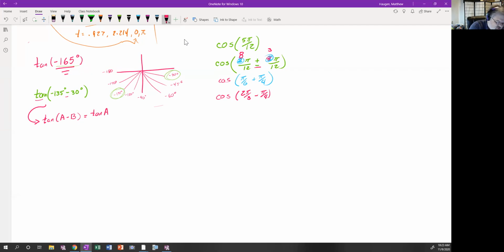I'm not expecting you guys to have these memorized, certainly, but that is the tangent of a minus the tangent of b over 1 plus the tangent of a times the tangent of b. So that's going to be the tangent of negative 135 degrees minus the tangent of 30 degrees over 1 plus the tangent of negative 135 degrees times the tangent of 30 degrees.